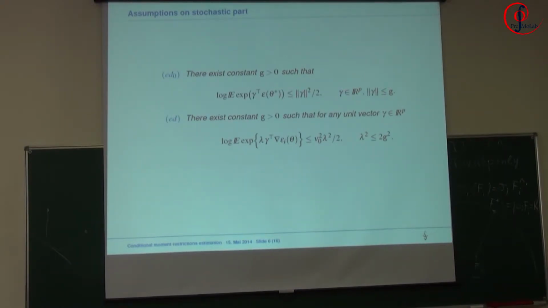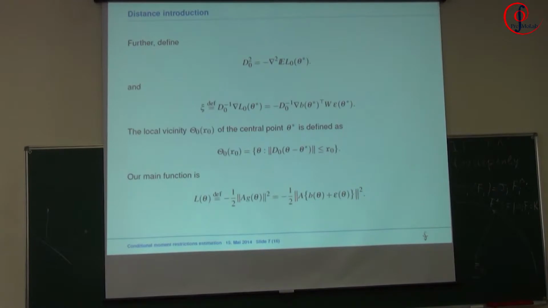So during these slides we have a lot of G and G squared symbols, but if you have a lot of conditions, you can always choose the minimum of them, and so you will have no problems with it. We define the Fisher information matrix for L0 theta star, so we will work mainly with properties of L0 theta star instead of L theta.